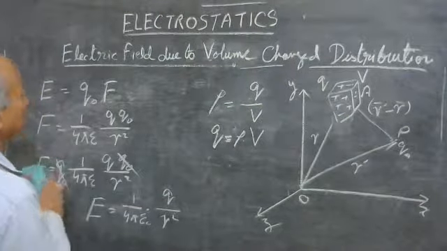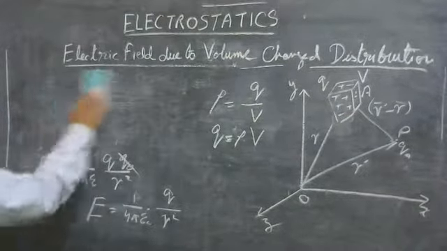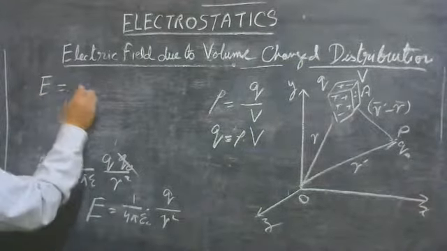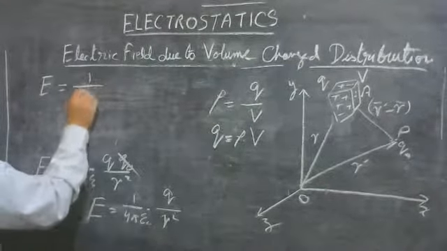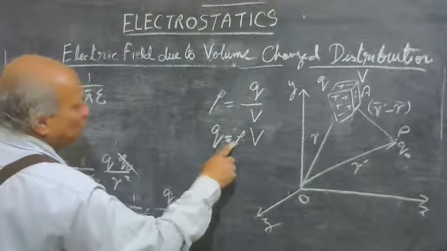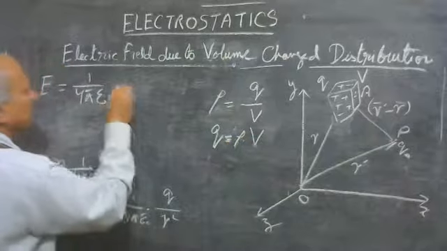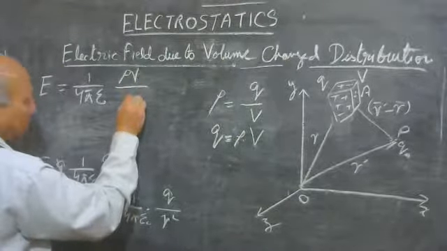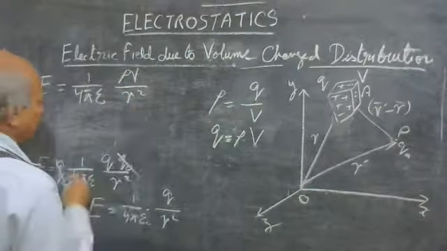Now we can put this one. Electric field E is equal to 1 upon 4 pi epsilon naught. In place of Q, we will put this rho into V, rho volume charge density, upon R square.